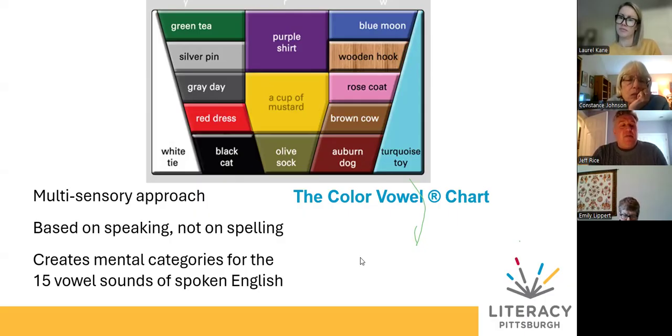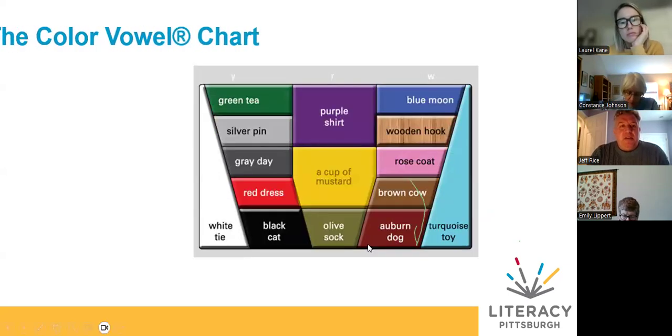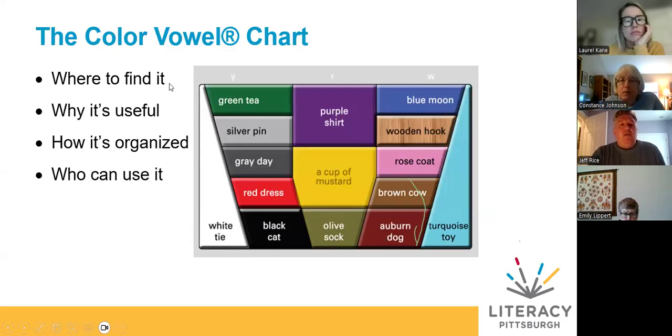So we're going to talk a little bit more about moving vowels coming up. For today, I wanted to talk about where to find it and why it's useful. And we're going to move on to talk about how it's organized and who can use it in the second part of our talk.